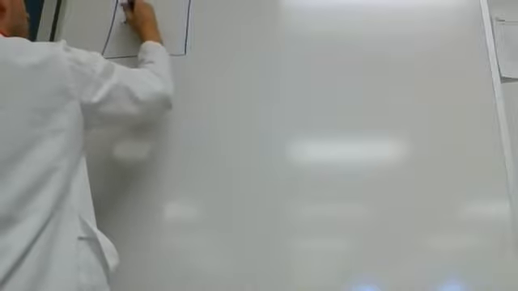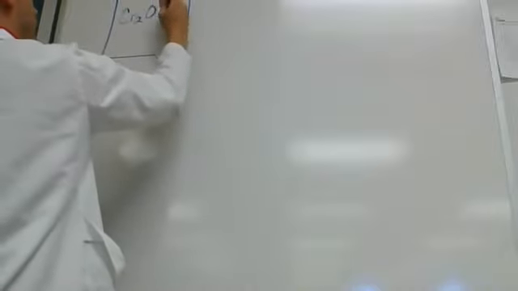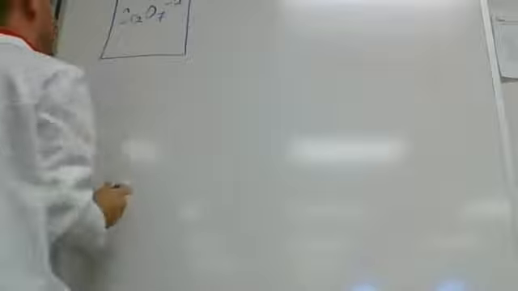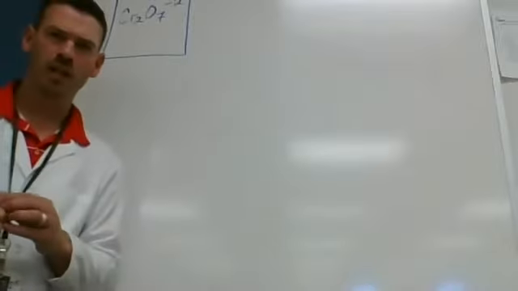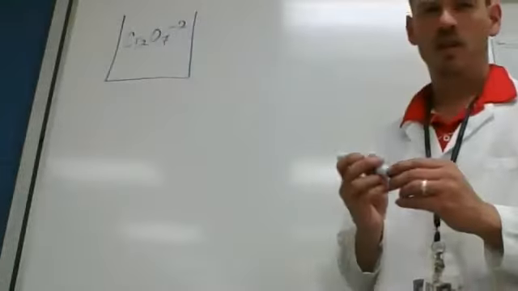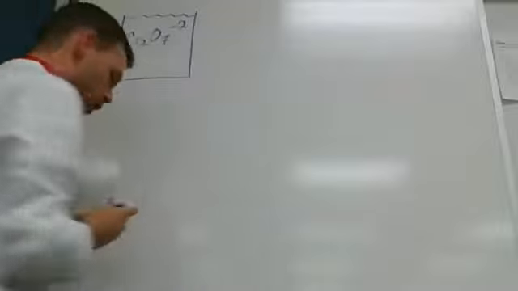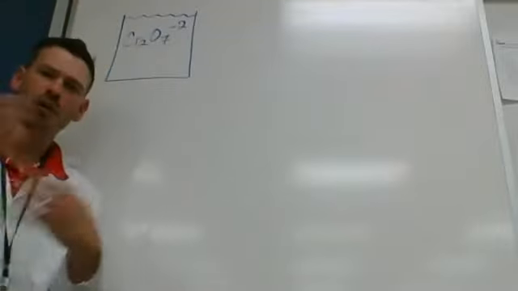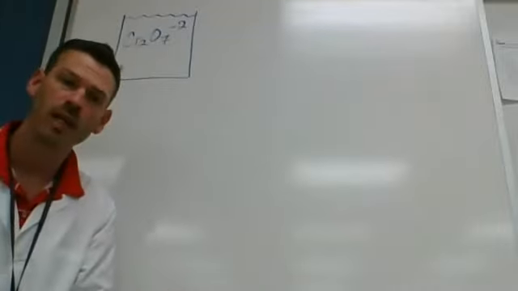a solution of dichromate ion. All right, a solution of dichromate ion. Well, how would I get a solution of this ion floating around? Well, think about what we've been doing in the unit.